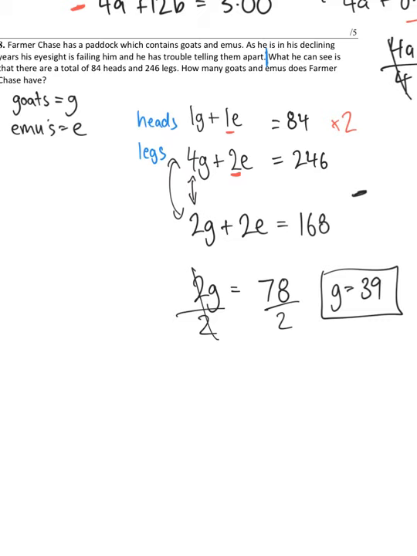Instead of goats, it's 1g, so it's just going to be our goats are 39 plus 1e, I'll just write e, equals 84. To solve for the number of emus, minus both sides by 39.